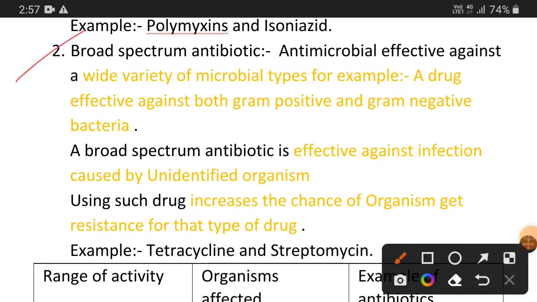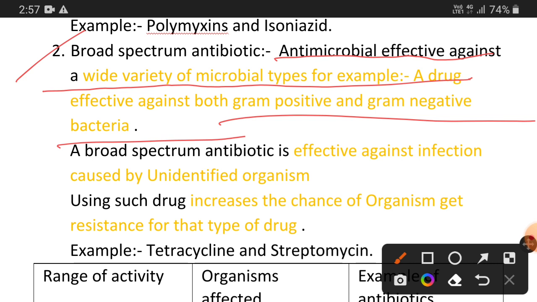Broad spectrum antibiotic means an antibacterial agent which has the ability to show its effect on a different range of microorganisms, right? So that's what I have written here: antimicrobial effective against a wide variety of microbial types. For example, a drug effective against both gram positive and gram negative bacteria. Clear?